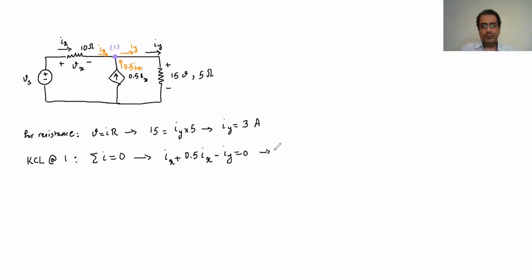So then I have 1.5 Ix minus Iy, which is minus 3, equal to 0. Therefore, Ix is going to be 2 amp.